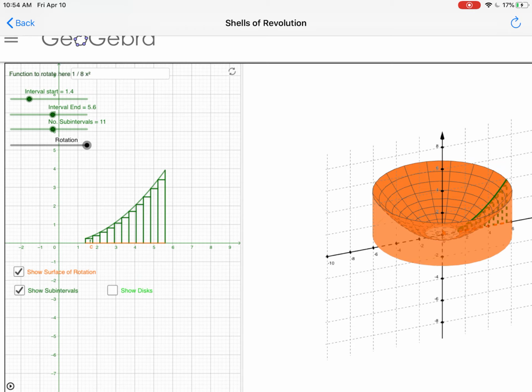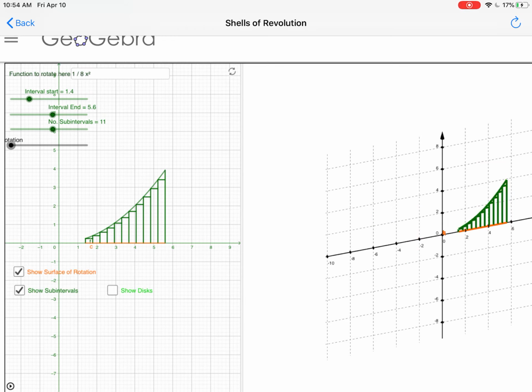What we're going to do is look at each of these rectangles. When we split it, we have these 11 rectangles, and we're going to wrap those rectangles around the y-axis.